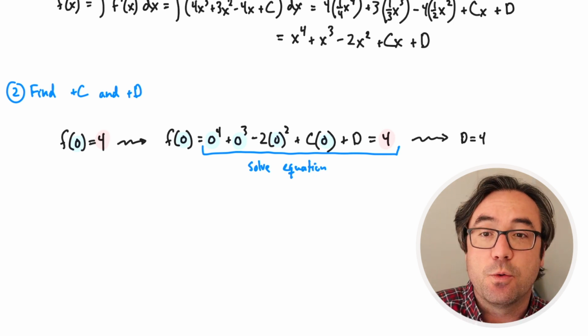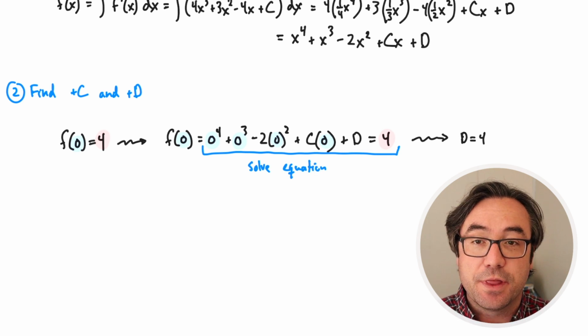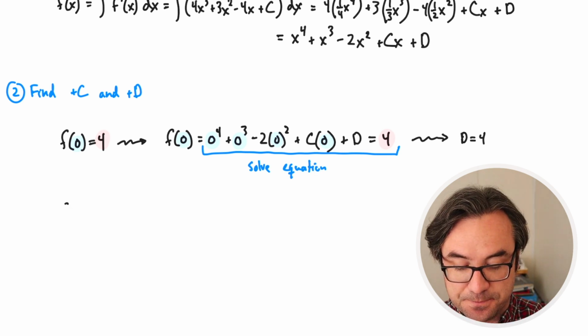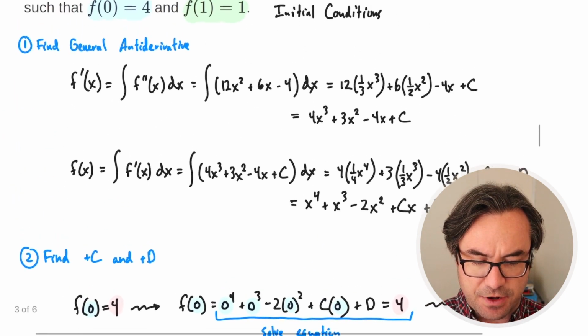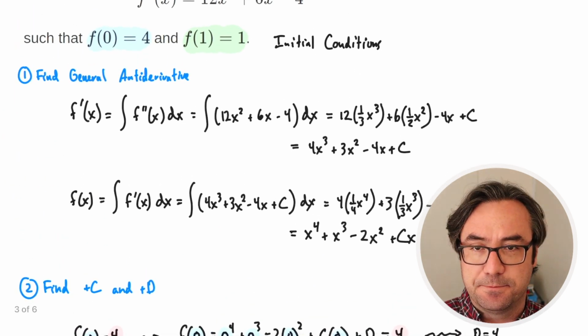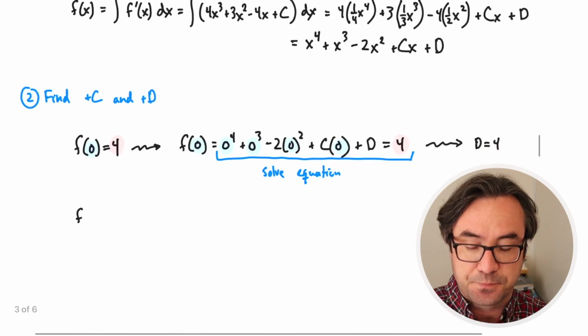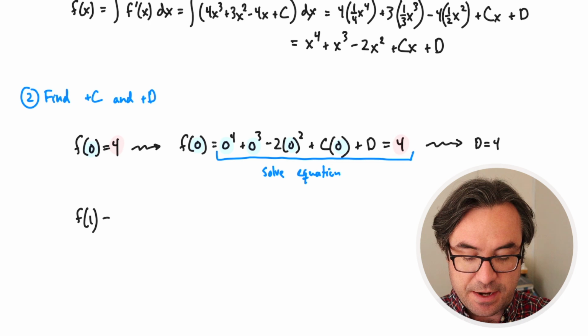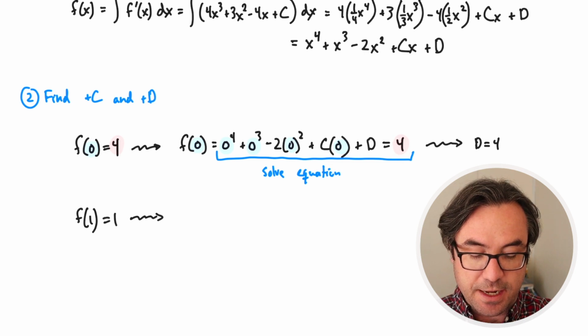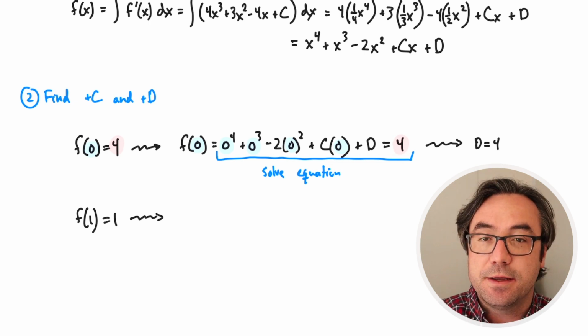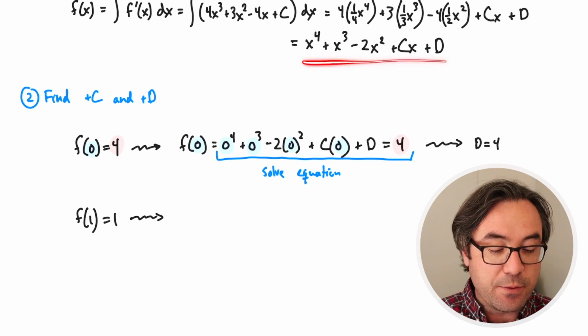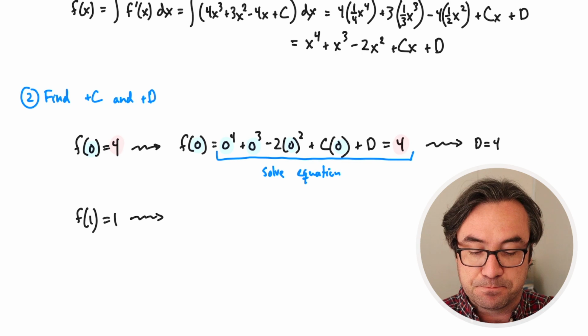All right, so that's nice. I know one of my constants now. Well, then I can use my other initial condition. And I forget, what was that? f of 1 equal to 1. So let's write that down. And we're just going to plug in x equals 1 into the formula that we have so far for our function.